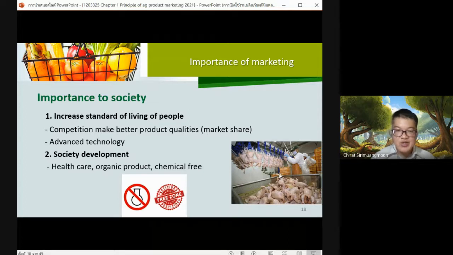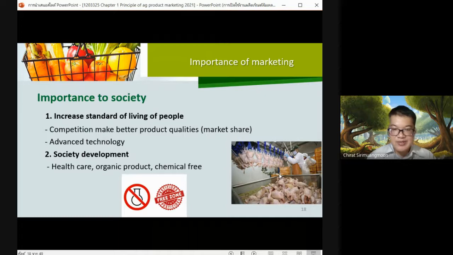So in order to have a higher market share, they need to do something, and marketing gets involved in it. So the marketing issue for this case is like the chicken meat that you see in the picture.